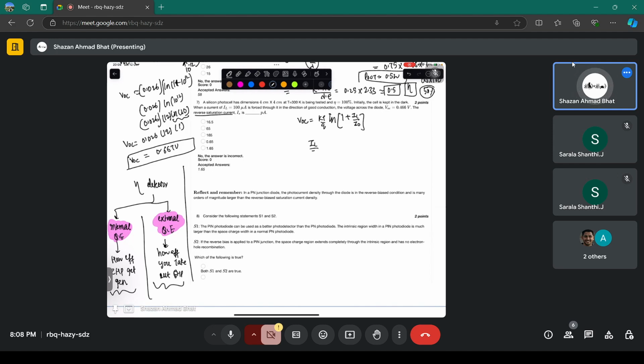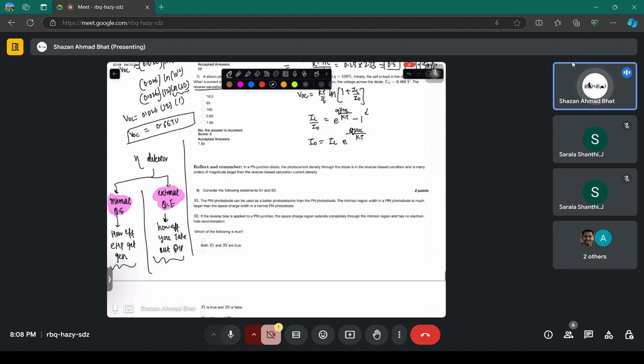Just bring it here. You can write I_L divided by reverse saturation current is e to the power q V_oc divided by kT, minus 1. So you can write the reverse saturation current to be equivalent to the light current times e to the power minus q V_oc divided by kT. And we are neglecting this particular minus one here.